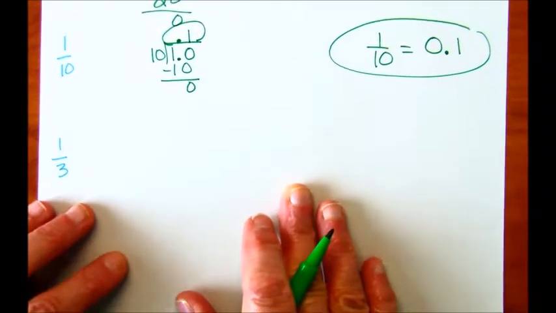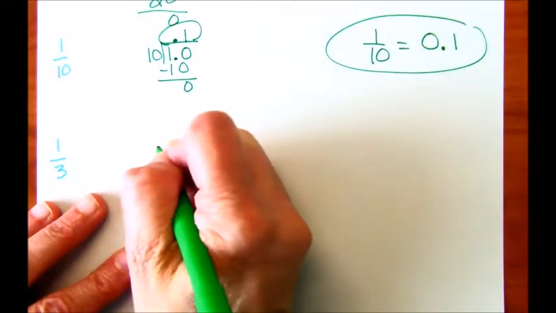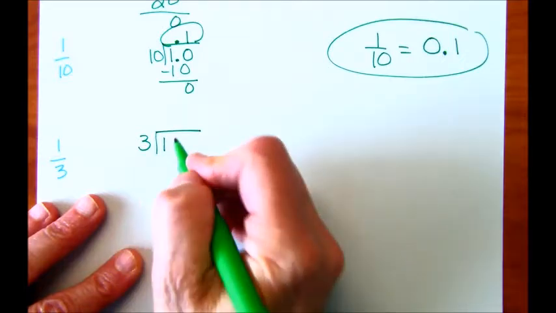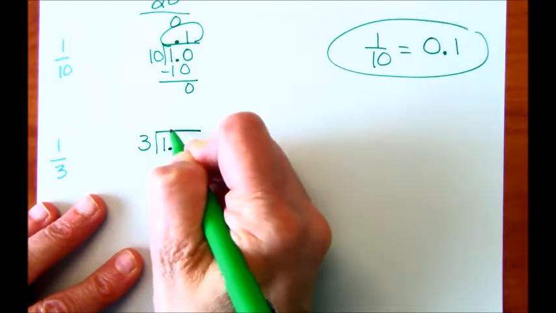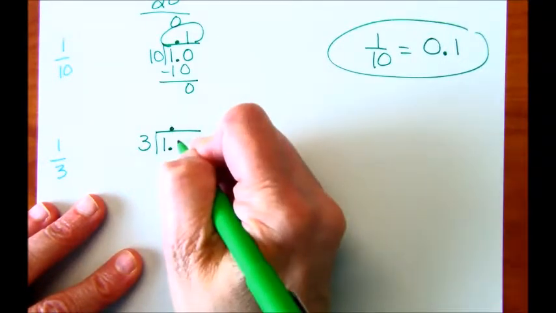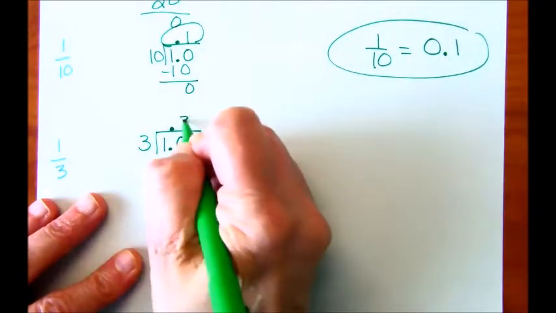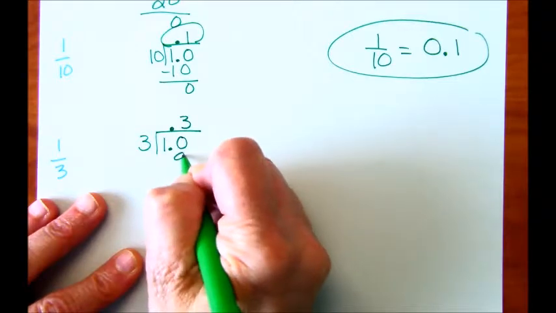Let's look at 1/3. 1 divided by 3. 3 does not go into 1, so I'm writing down my decimal point, bringing it up, and then adding a 0. 3 goes into 10 3 times. 3 times 3 is 9.